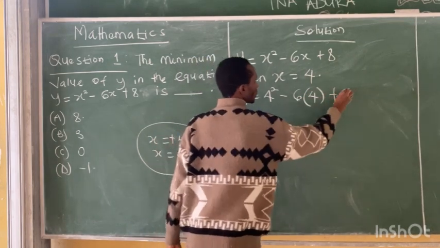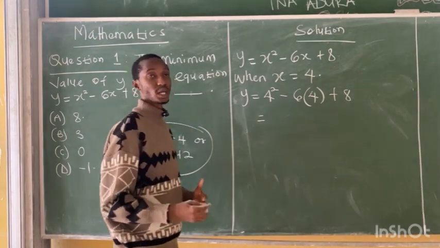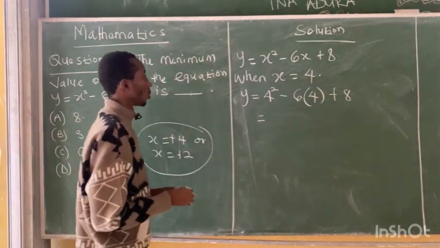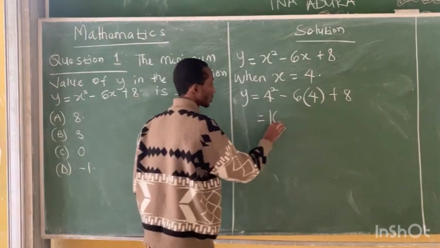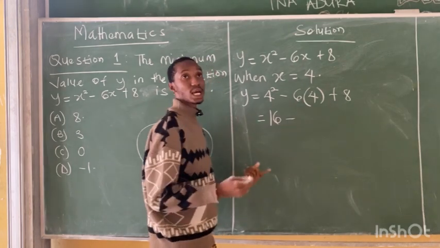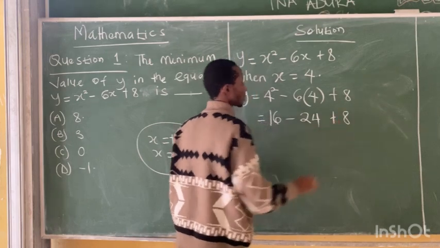4 squared is the same thing as 4 multiplying itself 2 times, which is 4 times 4, which is 16, minus 6 times 4. 6 times 4 is 24, plus 8.